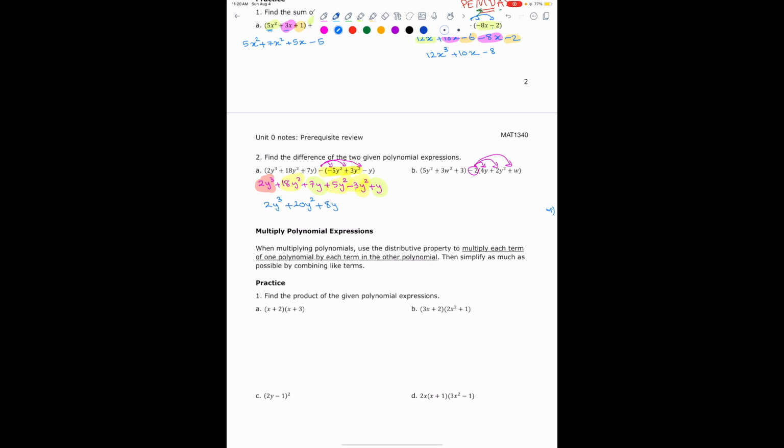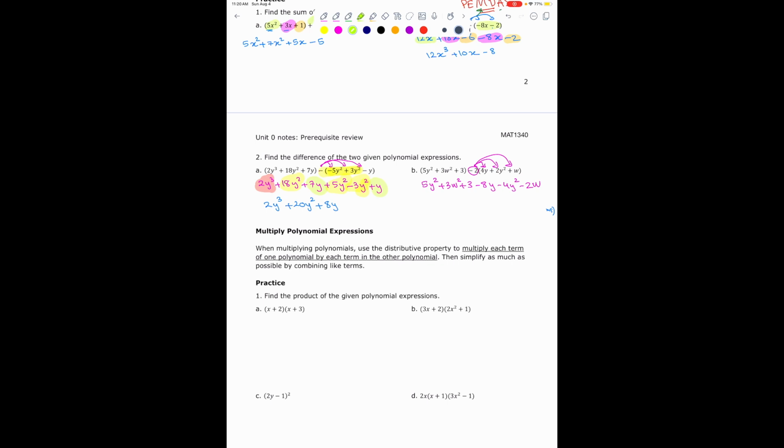And we're going to leave it like that because we cannot add any of these terms together. Now, we're going to do the next one. 5y squared plus 3w squared plus 3. And then negative 2 times 4 is negative 8y. Negative 2 times positive 2 is negative 4y squared. Negative 2 times positive 1 is negative 2w.